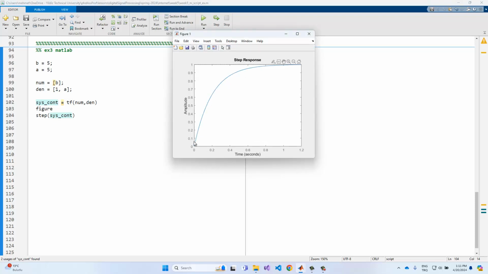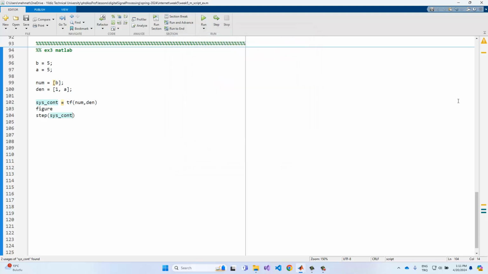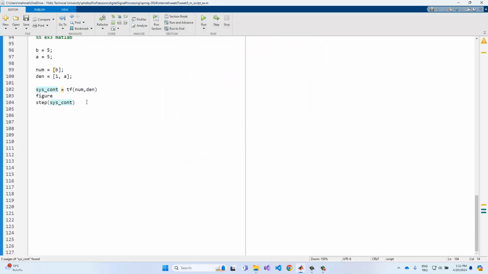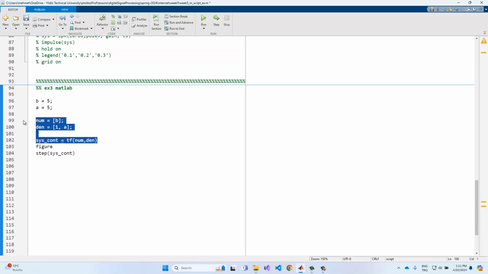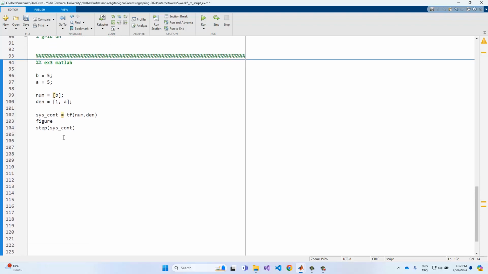This is the step response of our continuous time signal. But what if we convert this continuous function to the discrete time domain for a given sampling period? How can we obtain the output response in here? For the discrete operation, we must say that the ts is 0.1.